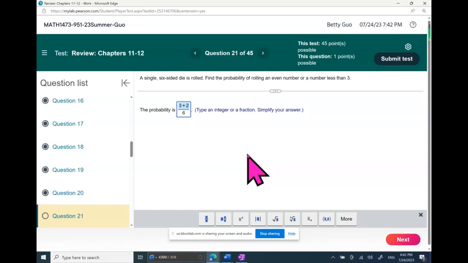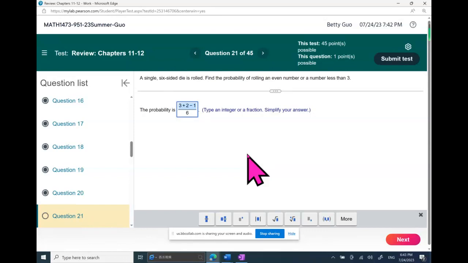So put it there. And minus, we're going to subtract the number of outcomes among the 6 that favor both events. Among the 6 outcomes, how many of them are even and less than 3? Only number 2.